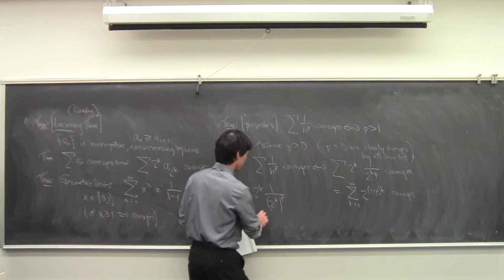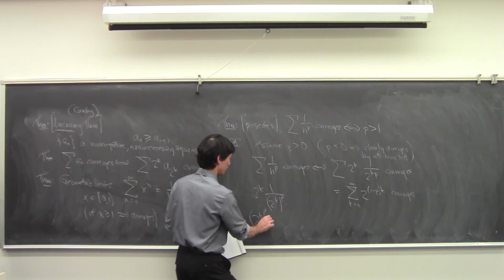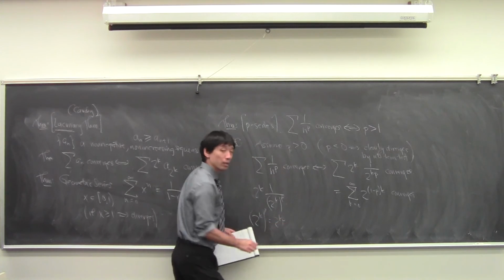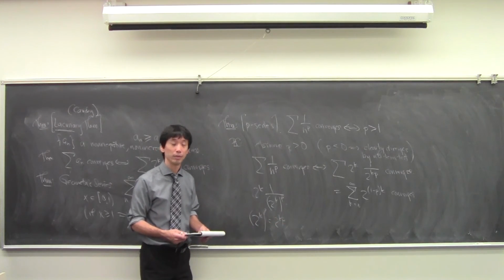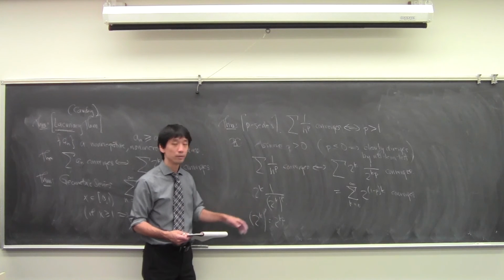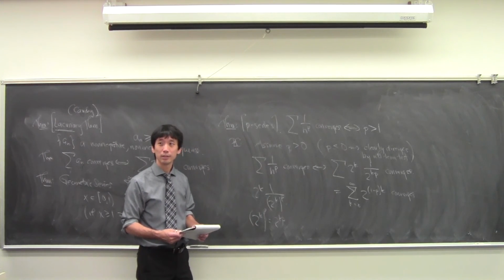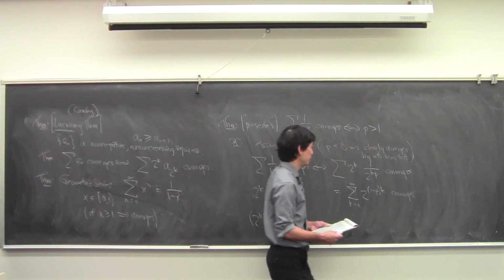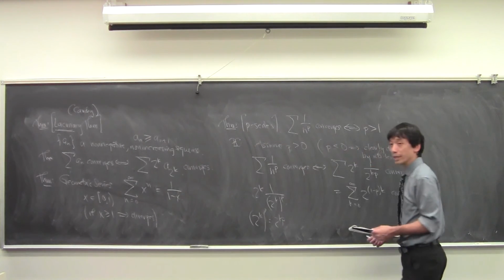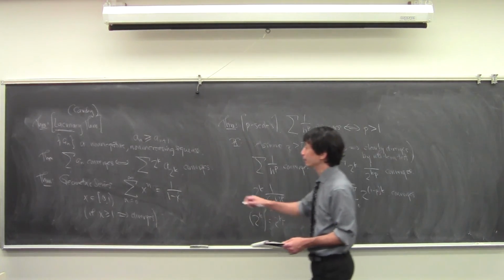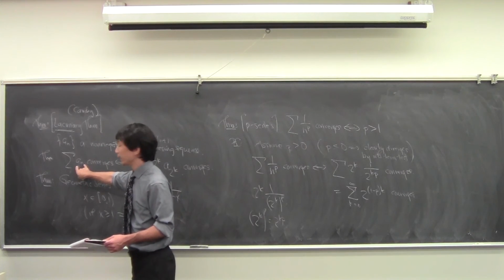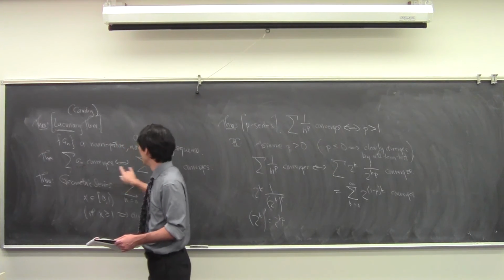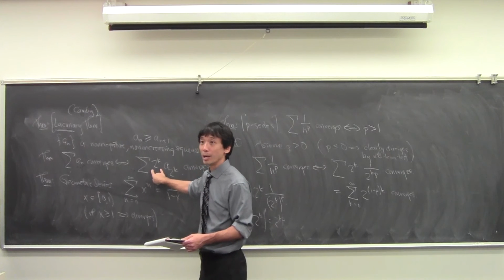So this 2 to the k to the p is 2 to the kp. Oh, so instead of n, you're writing 2 to the k? That's right. So instead of taking the sum of all the terms, you only take the terms that are powers of 2.